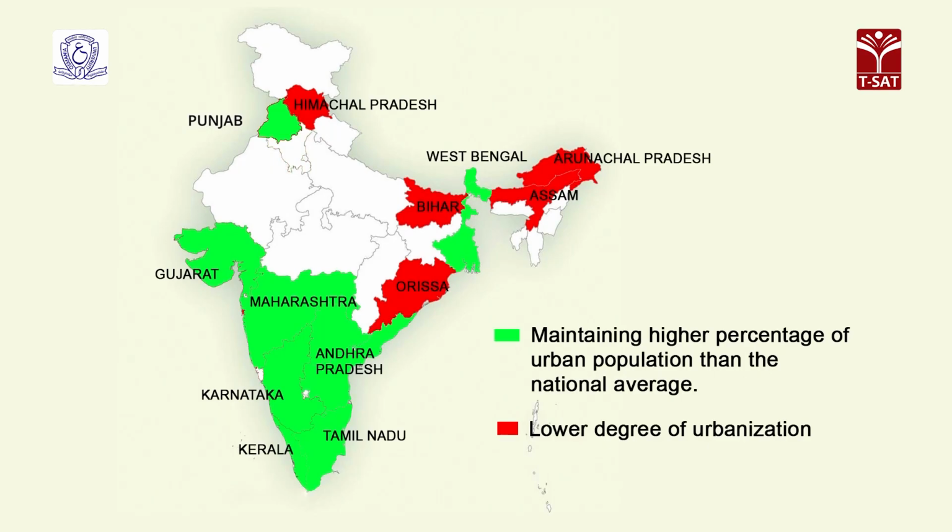The states which maintain a higher percentage of urban population than the national average include Maharashtra, Tamil Nadu and Gujarat, followed by Karnataka, Punjab, Andhra Pradesh and West Bengal. Whereas, the states having a lower degree of urbanization include Himachal Pradesh, Assam, Bihar, Orissa, Arunachal Pradesh, etc.